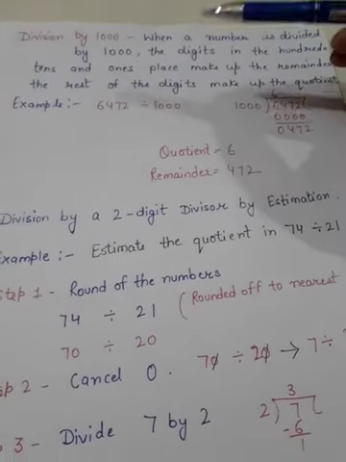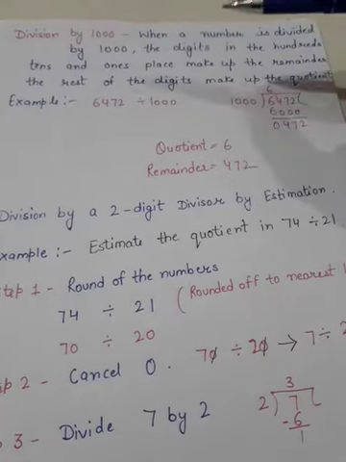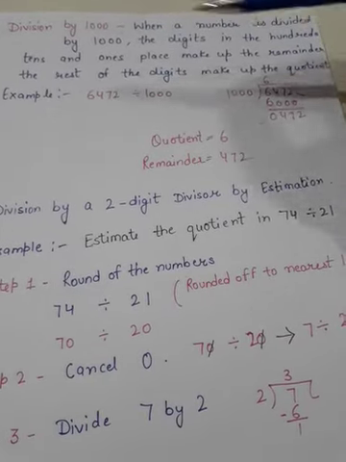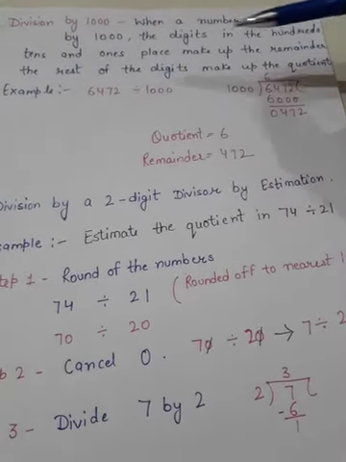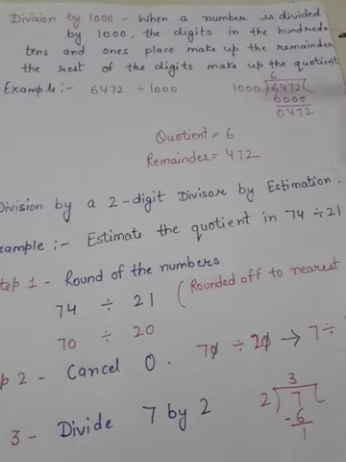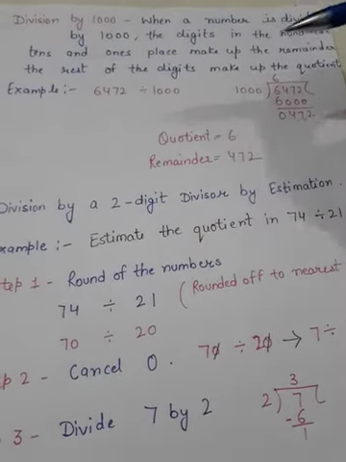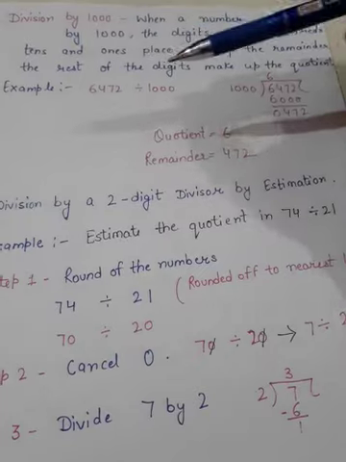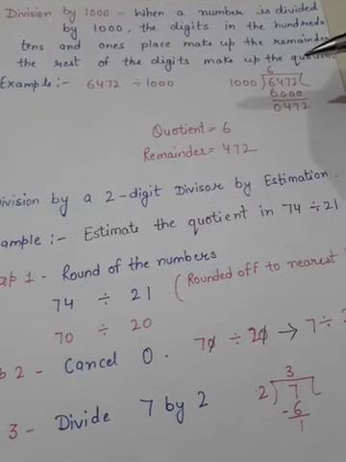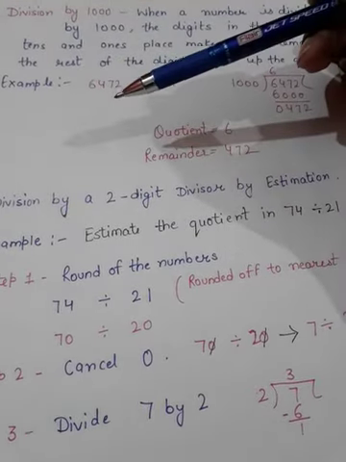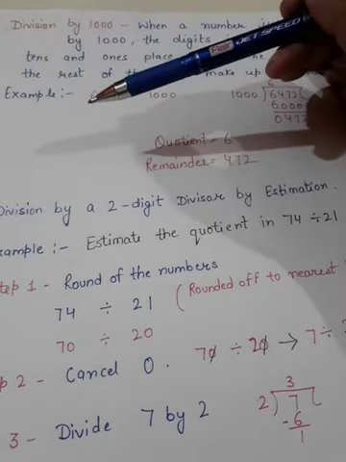Similarly, when we divide by 1000, right. What happens when a number is divided by 1000? The digits in the hundreds, tens and ones place make up the remainder, and the rest of the digits make up the quotient. It means the last 3 digits will be the remainder and the rest will be the quotient.